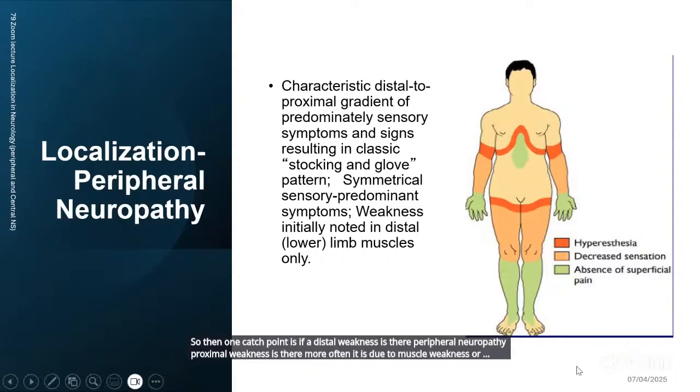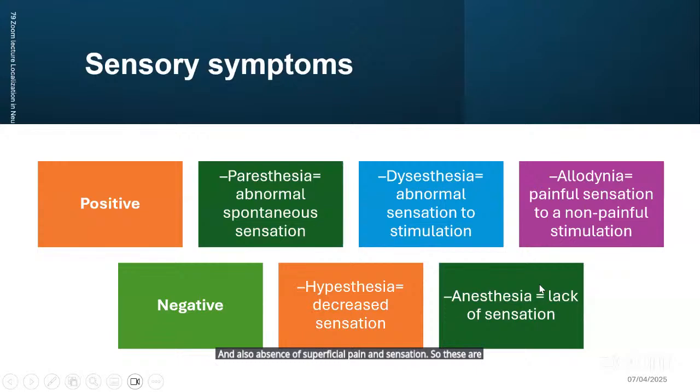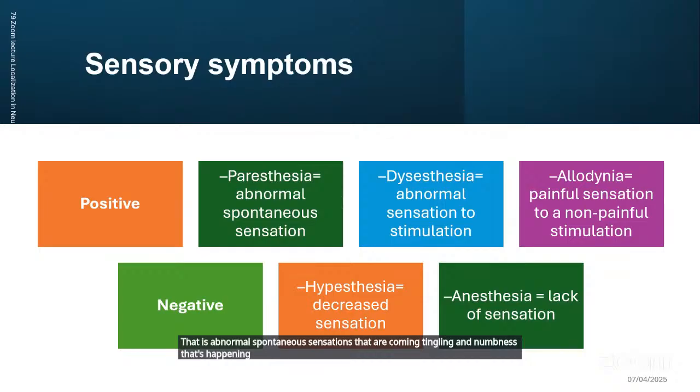You can see sensory symptoms such as hyperesthesia, decreased sensation, and also absence of superficial pain sensation. So these are the features of peripheral neuropathy. Positive features include paresthesias, that is abnormal spontaneous sensations, tingling and numbness that happen without any stimulus.